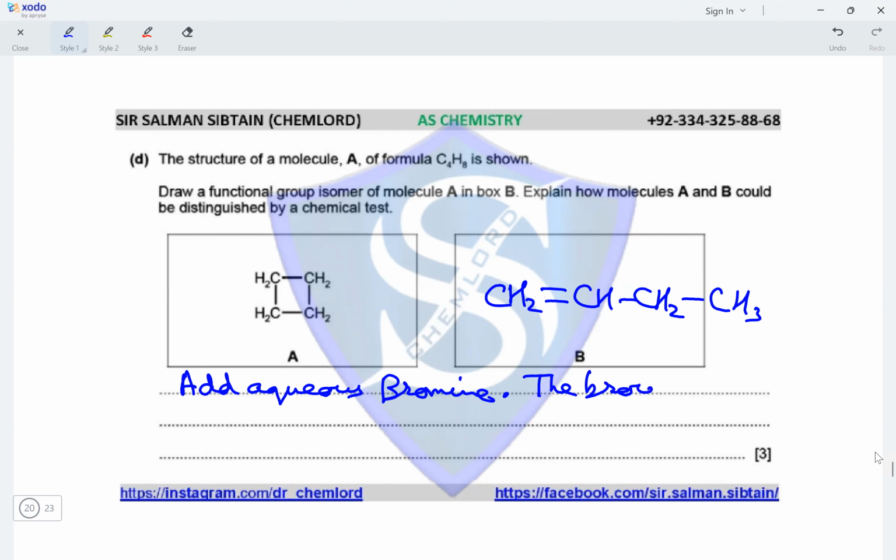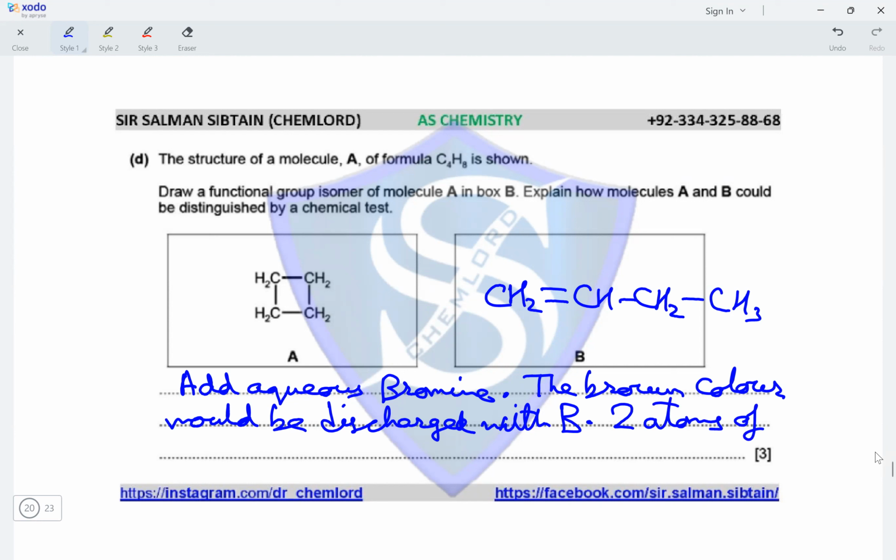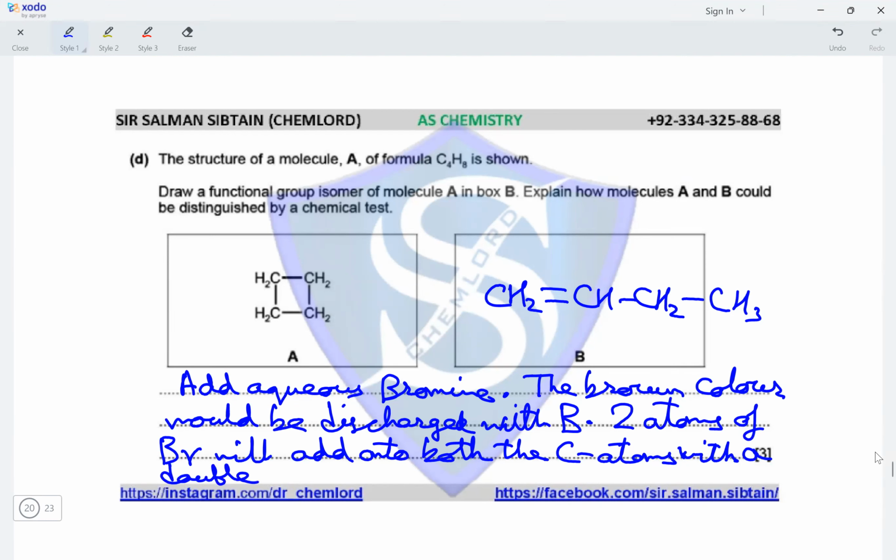The brown color would be discharged with compound B. Two atoms of bromine will add onto both the carbon atoms with a double bond between them. This is known as electrophilic addition, but this is the detail that is not required.